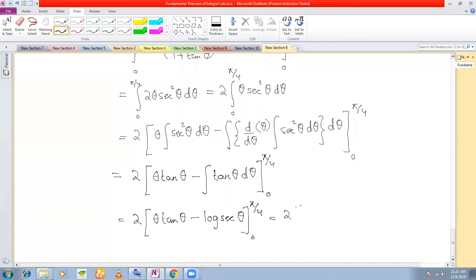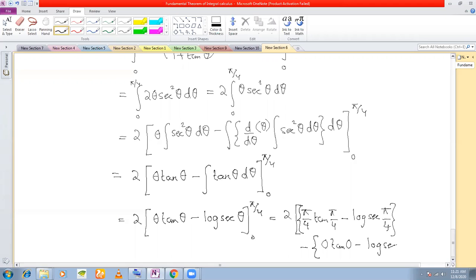Means twice. Now put the upper limit first: pi by 4 tan pi by 4 minus log sec pi by 4. After putting the upper limit, now put the lower limit. Lower limit is 0. That means 0 tan 0 minus log sec 0.